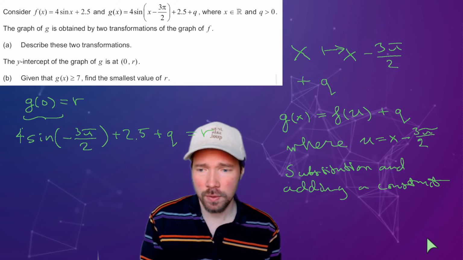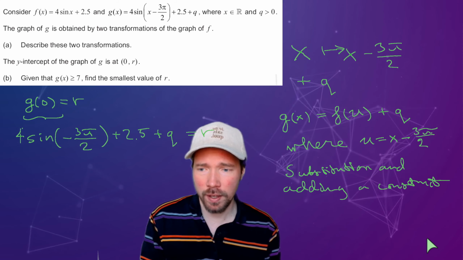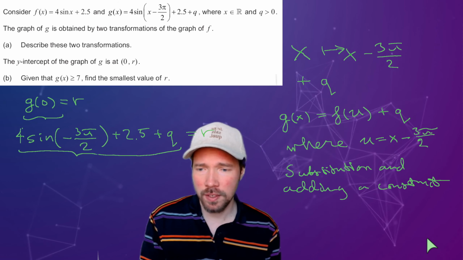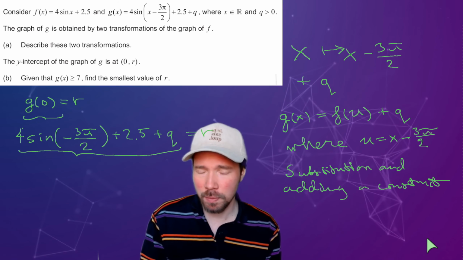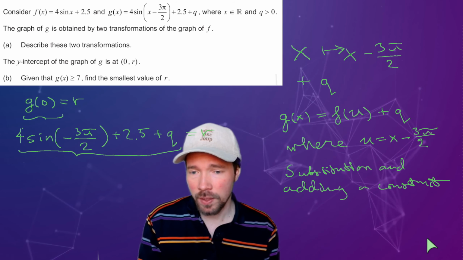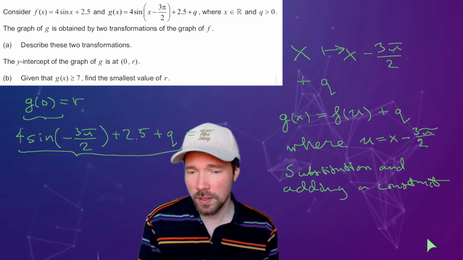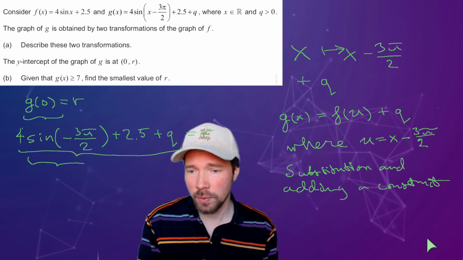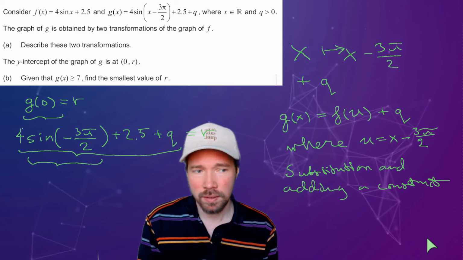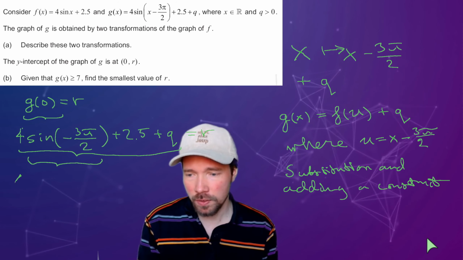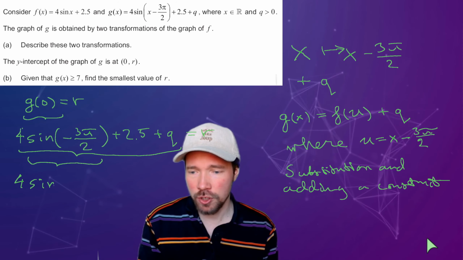And so in order to find out what is the smallest value of this function, so we want it to be at least 7, we need to find, well, this function is periodic. Okay, let's analyze the full g.